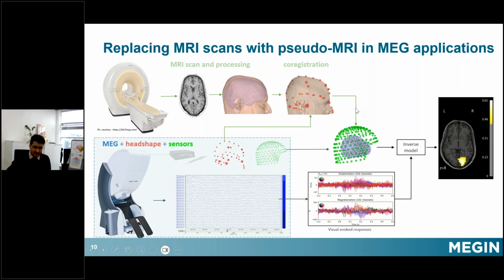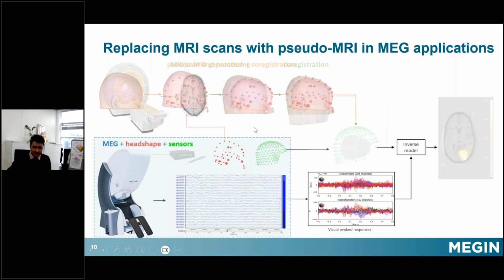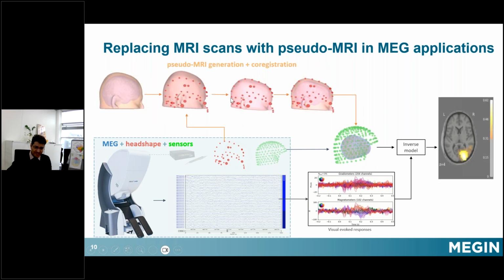Now, what pseudo-MRI aims to do is replace this MRI scan without having the individual MRI scan. How does it do this? We replace the MRI scan, MRI processing, and co-registration. So all together, these steps are gone, and the rest of the steps are completely automated.